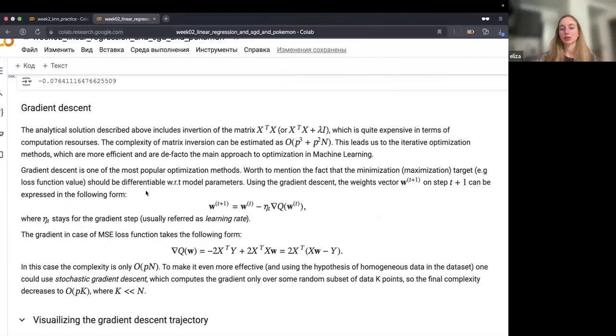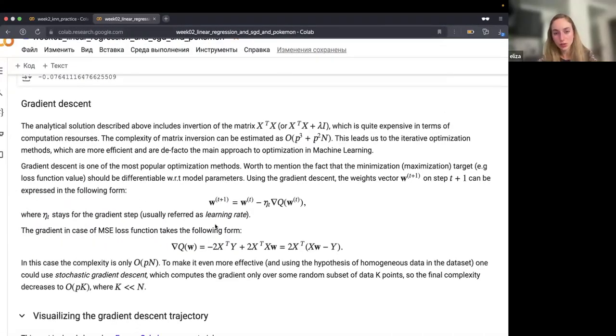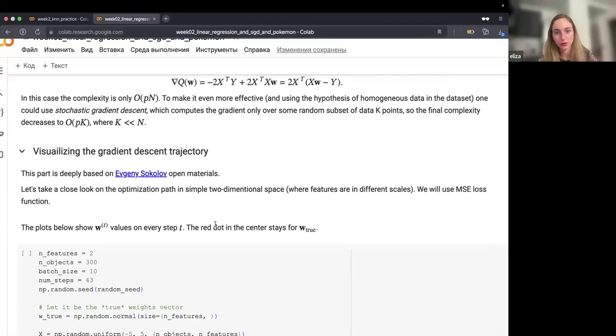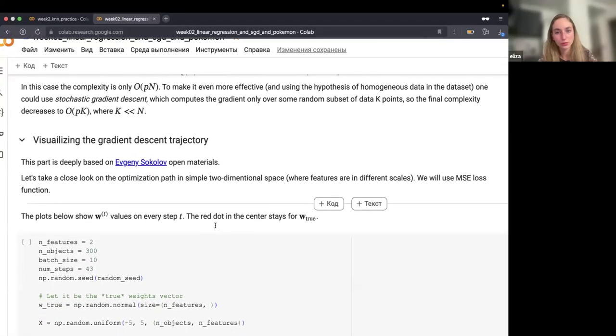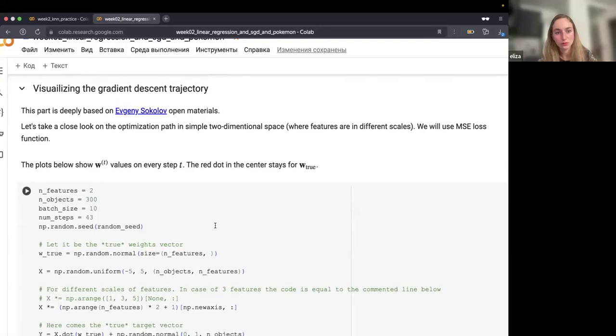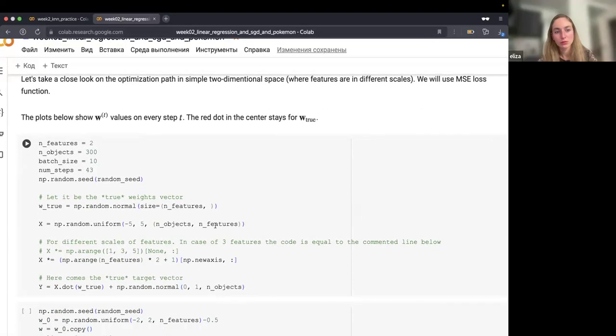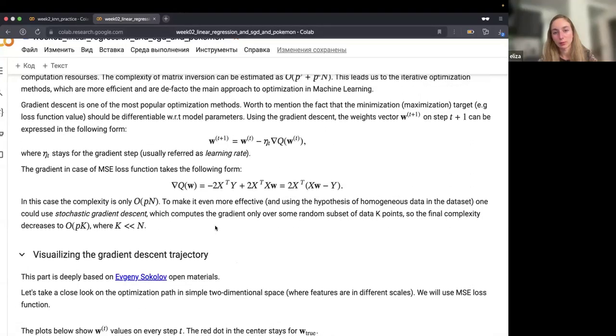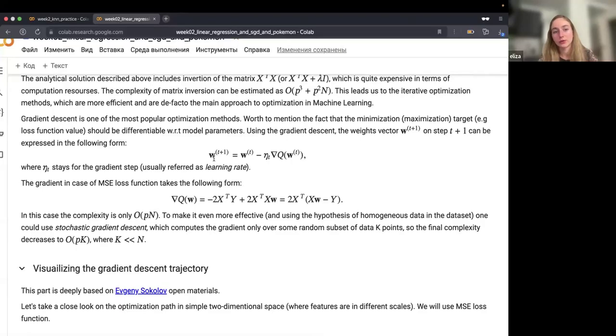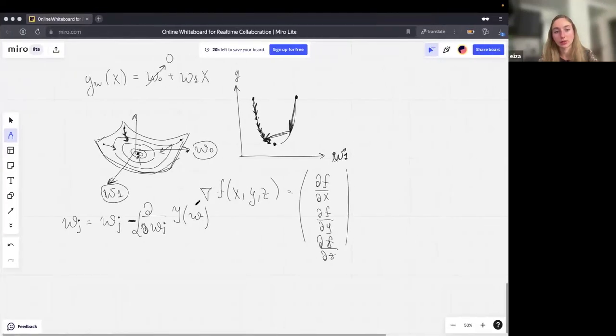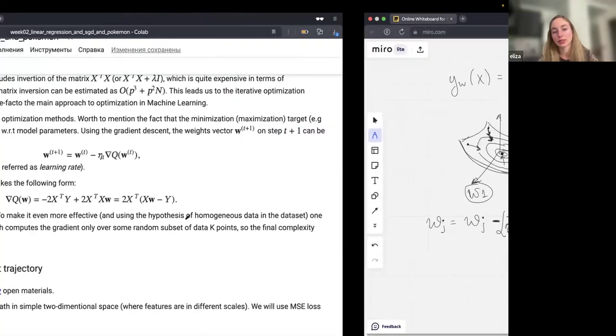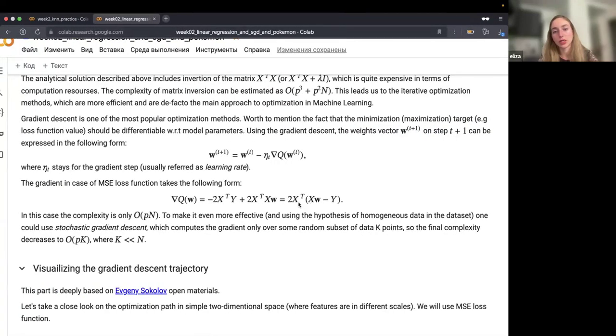Let's try to see how it works in code. An important thing: if we want to calculate the gradient, our cost function looks like this expression.